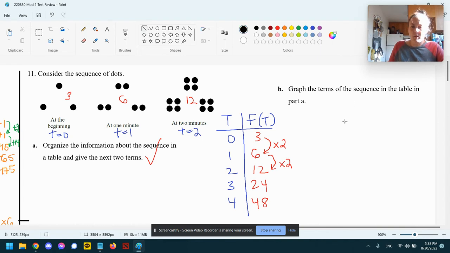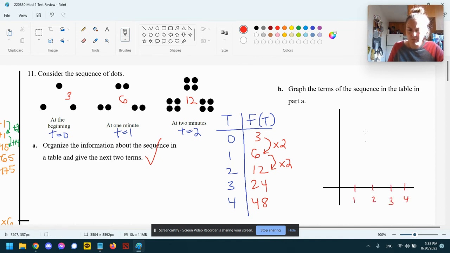Graph this in terms of the sequence. We go up to 4, 1, 2, 3, 4. We go up to 48, so I'm going to make this 50. 40, 30, 20, 10.